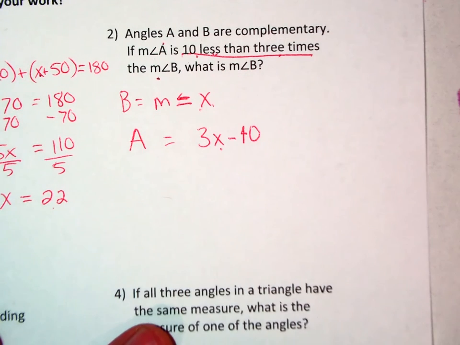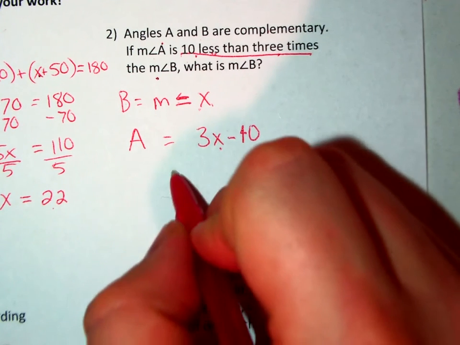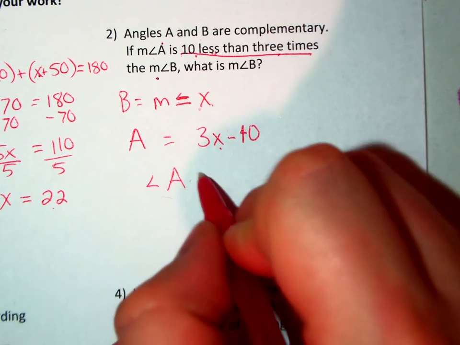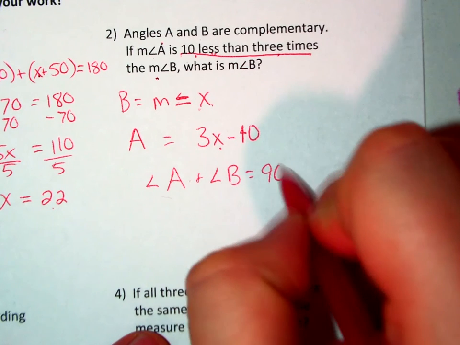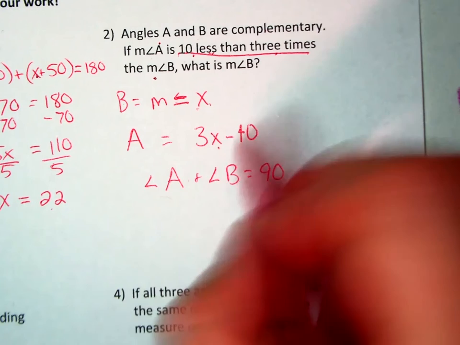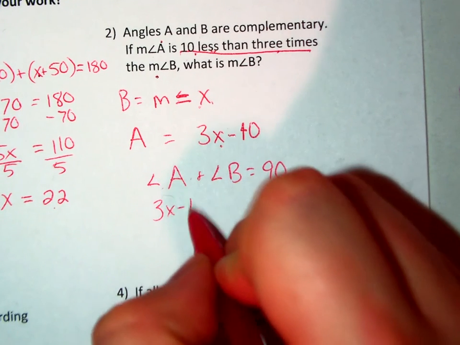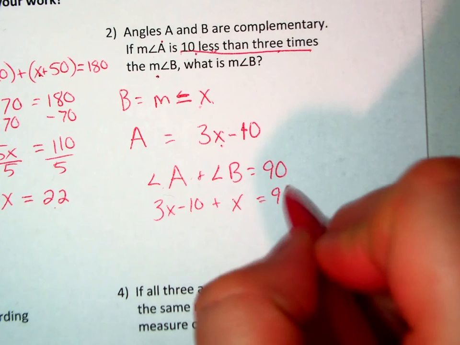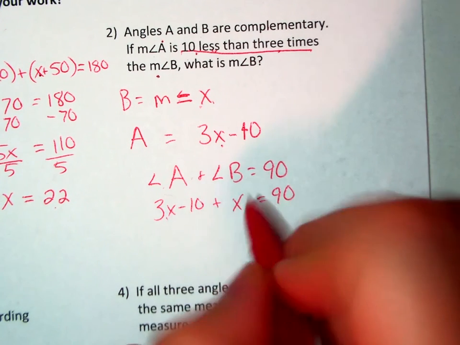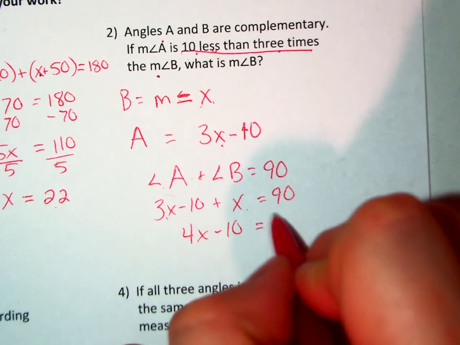Angles A and B are complementary. That requires us to know the definition of complementary. Angle A plus angle B are complementary, so they equal 90 degrees. Plug in what we know these to be. Angle A is 3x minus 10 plus angle B is x equals 90. Combine like terms, so 4x minus 10 equals 90.